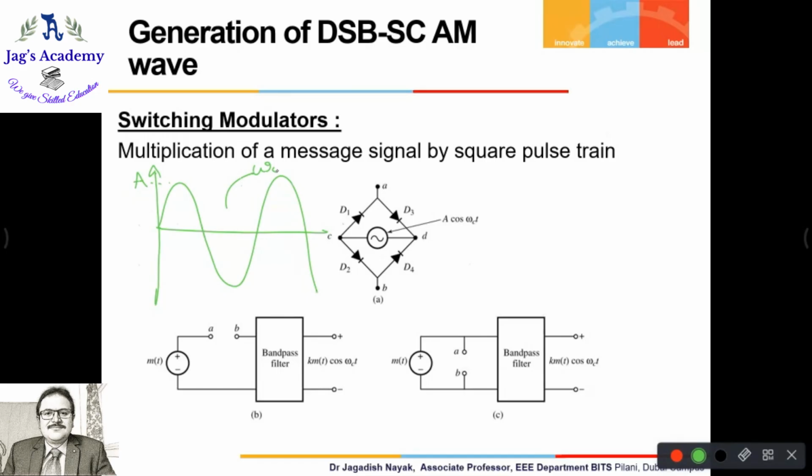Now tell me what will happen at the points A and B during the positive half cycle. What type of waveform do you get? Assume during the positive half cycle, this will be positive, this will be negative, right? What will happen? Tell me.